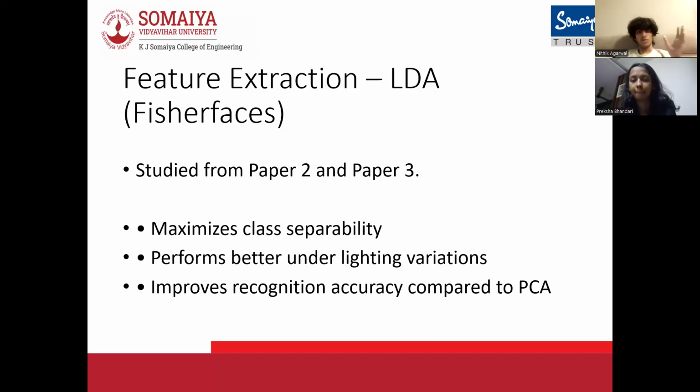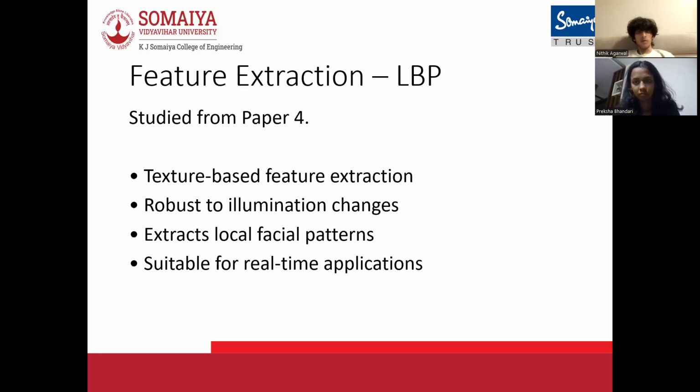For example, this picture is stored under this person, etc. It maximizes the distance between different classes and minimizes variation within the same class. It is applied after PCA to avoid mathematical issues. It is mainly used because it improves class separability, is more robust than PCA under lighting variations, and gives better recognition accuracy. Moving forward, now it will be continued by my partner Preksha.